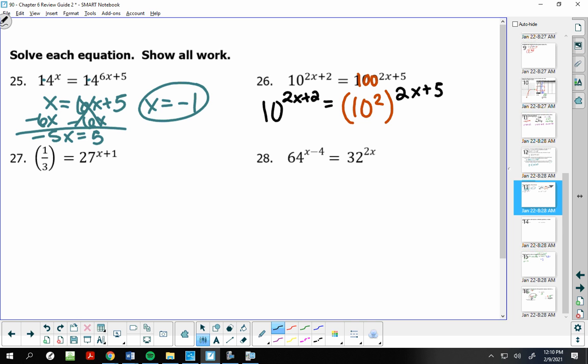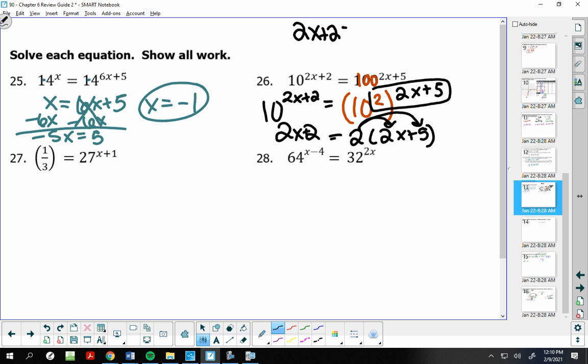Now the key here is that when you multiply these exponents, you have to distribute the 2. Okay, I don't care if you rewrite this step or not, but you have to do 2 times 2x and 2 times 5. So we get 4x plus 10.